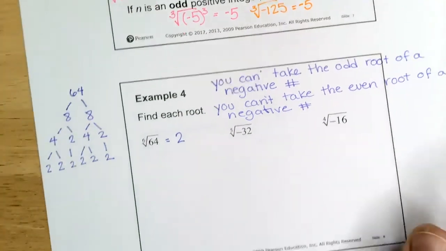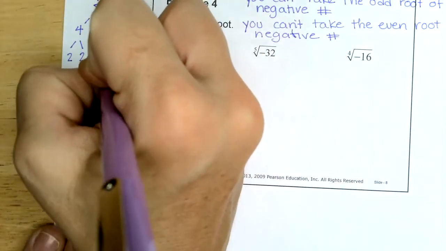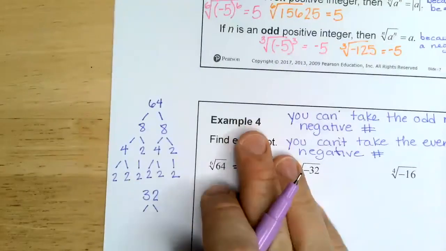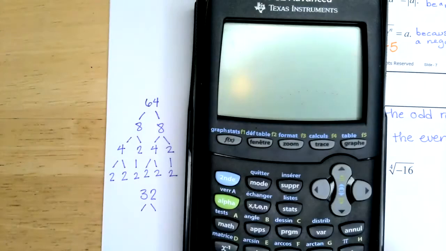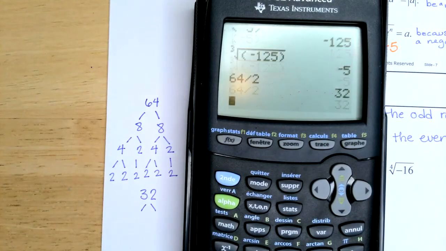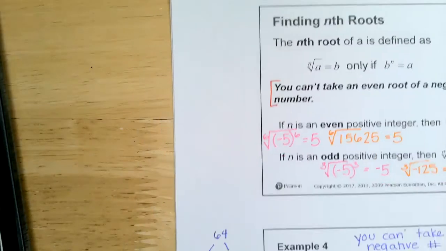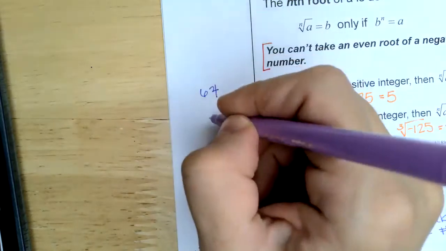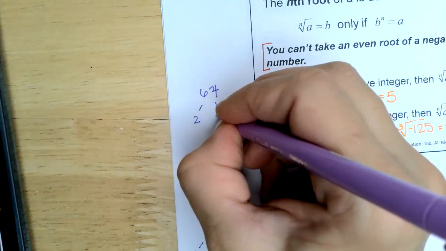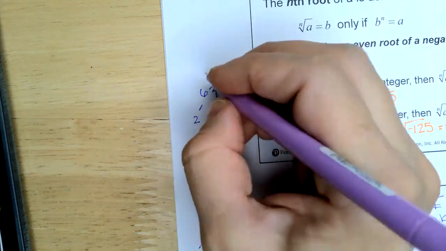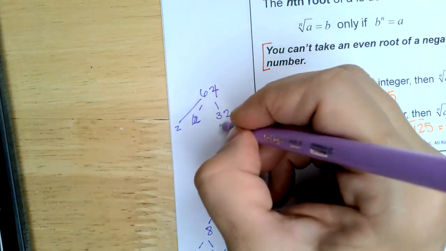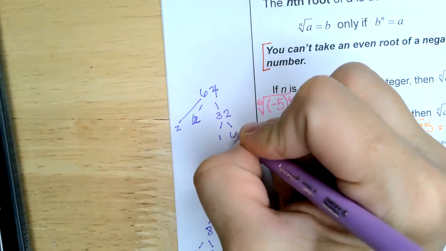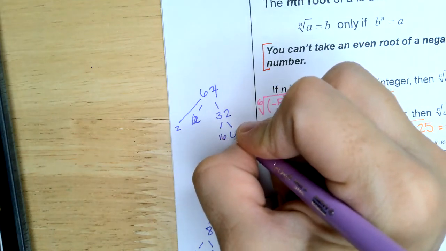All right. So now I'm going to do a factor tree for 32, because there are many ways you can start. You could have done 64 divided by 2. That would have been fine. 64 divided by 2 is 32. If I did a different factor tree for 64, it wouldn't change the end of my factor tree. 64 becomes 2 and 32, so I just bring that 2 down. 32 becomes, let's just keep dividing by 2, 16 and 2.